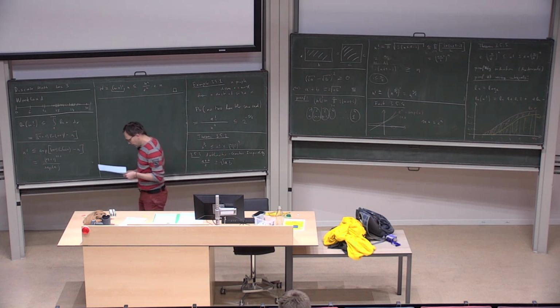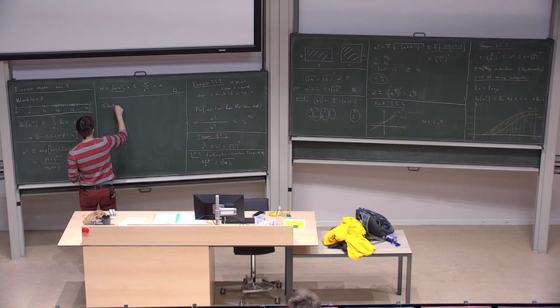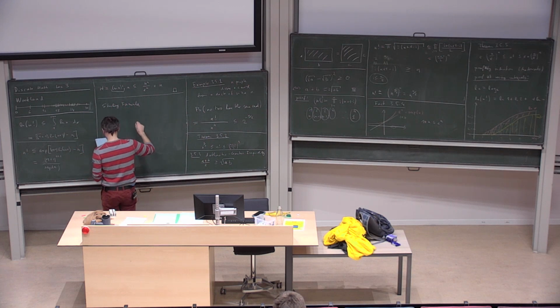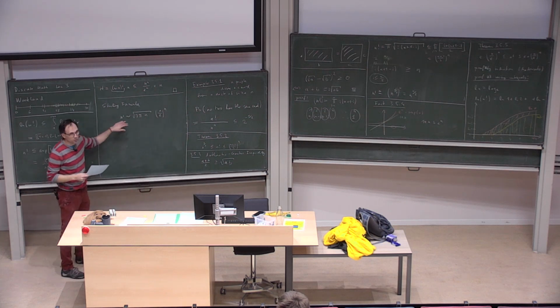But the last thing I want to say is that there is a very precise formula, which is called Stirling's formula. And that one tells you very precisely the asymptotics.